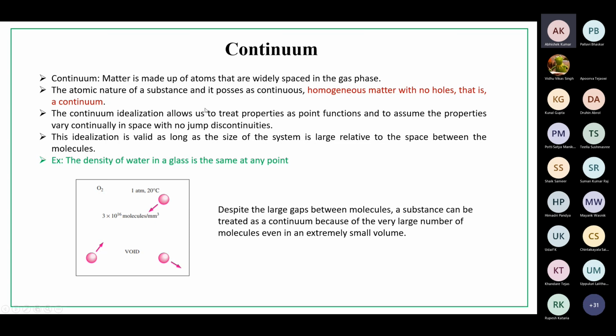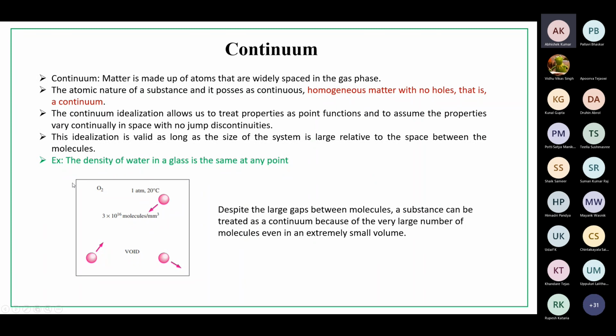So why should we consider continuum? Whenever you are measuring a certain property, we have to believe that this particular substance is continuous or homogeneous, or under continuum. Then we can imagine that the property we measure here is the same here, here, and anywhere in this particular volume.